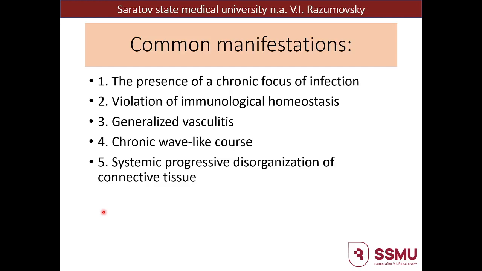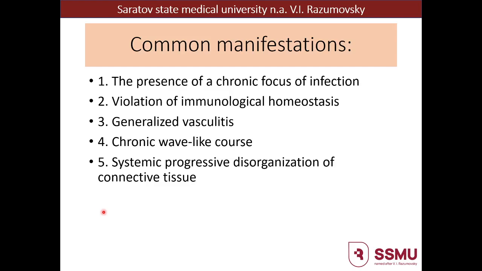In all cases of rheumatic disease, we may see some autoimmune disorders. One of the typical manifestations of these diseases is generalized vasculitis. The damage of small vessels is typical for all of these diseases.